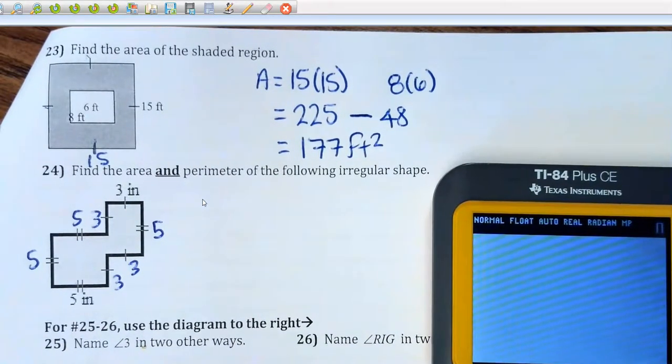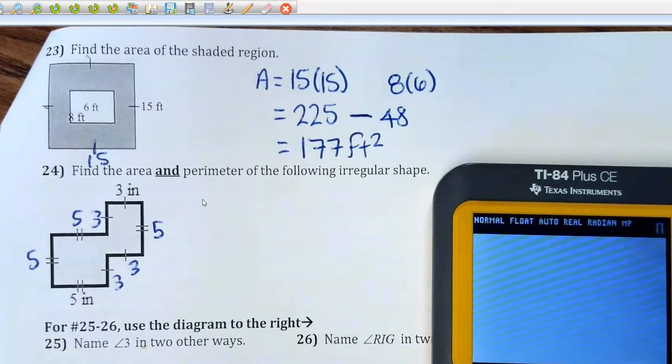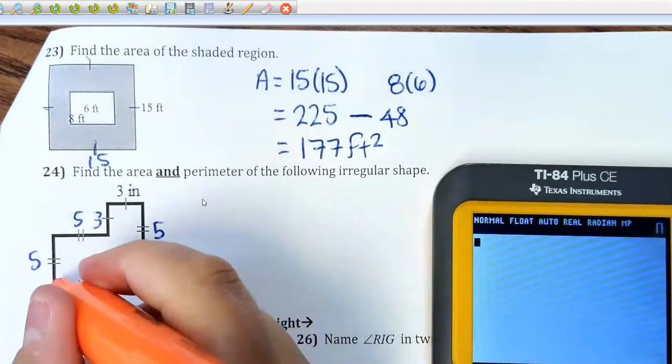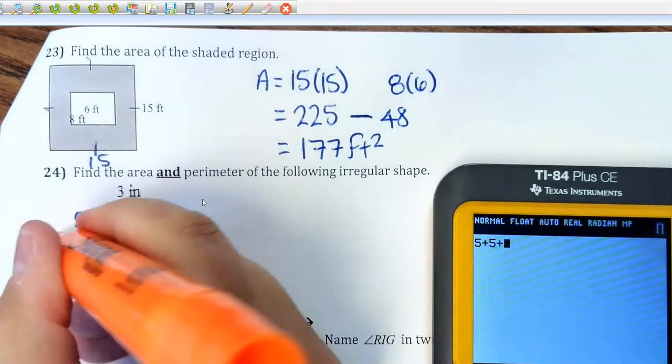Now, especially if I have a lot of sides, I like to make sure I don't count them twice. So I'm just going to start here, and I'm going to highlight around as I go. So I've got 5 here, plus another 5, plus this 5.